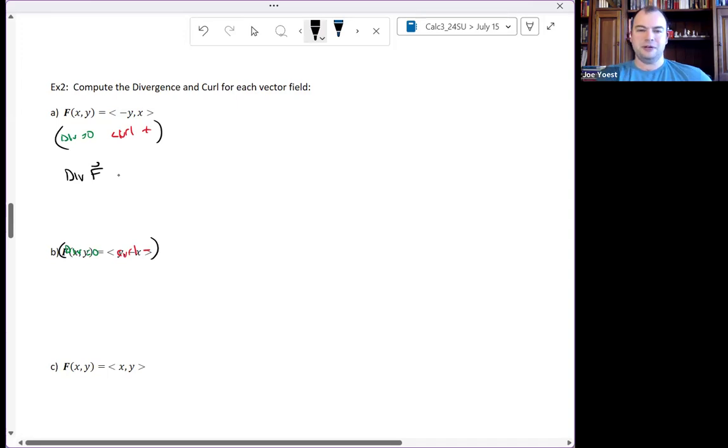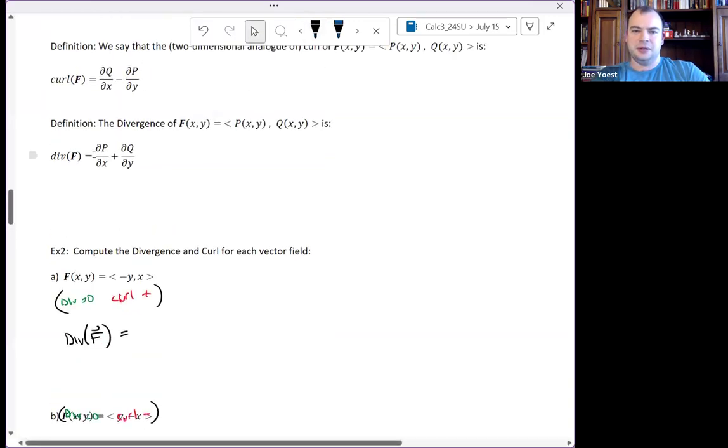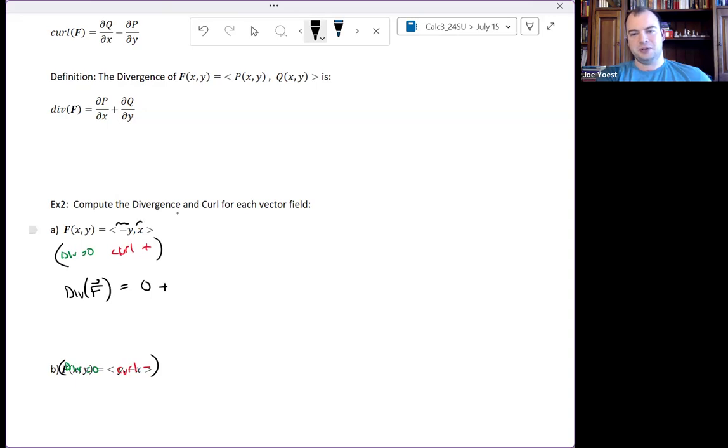So the divergence of f, we can just write it div of f. Well, that is partial of p with respect to x, so the partial of negative y with respect to x, plus the partial of q with respect to y. Divergence is 0 as we predicted.